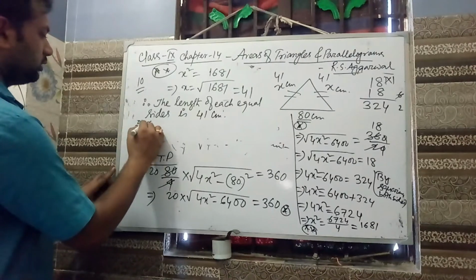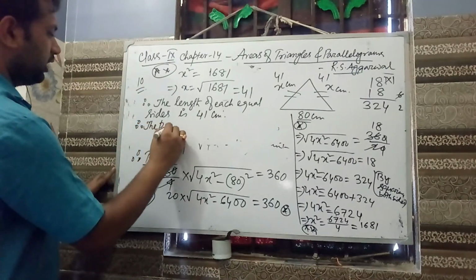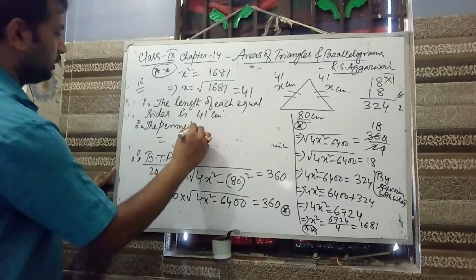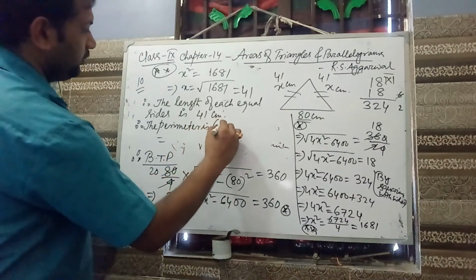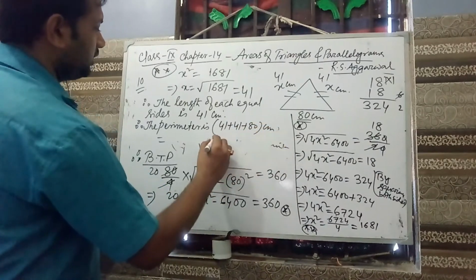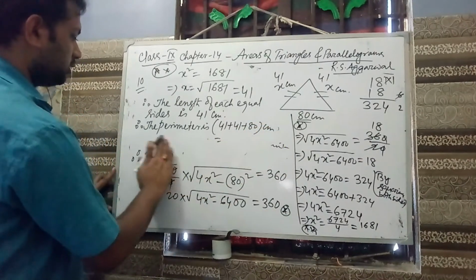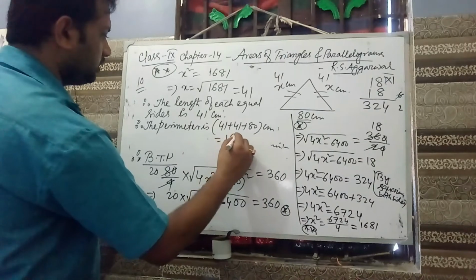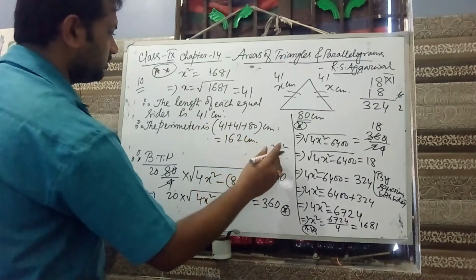Therefore, the perimeter is 41 plus 41 plus 80 centimeter, that is 162 centimeter.